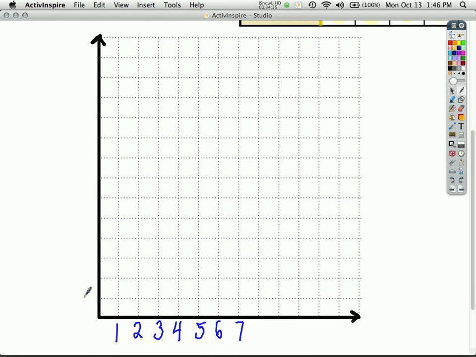So this will be 2, 4, 6, 8, and so on. But I cannot change it partway along the way. I have to keep it consistent on this axis. In other words, I can't partway all of a sudden start going by ones. Has to be the same. Does anyone have any questions on how we set up the graph?